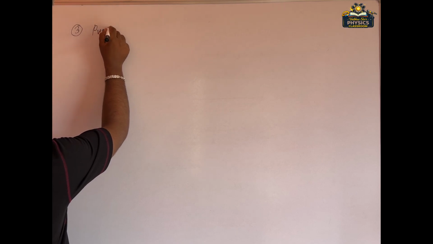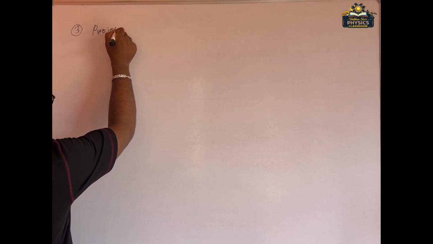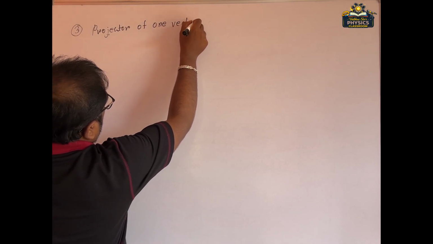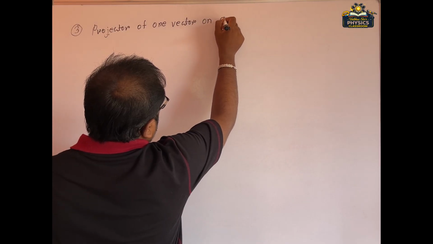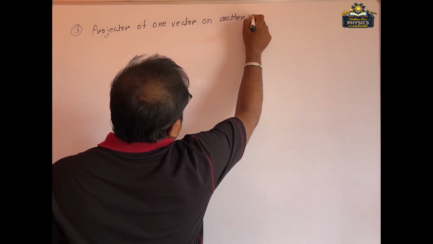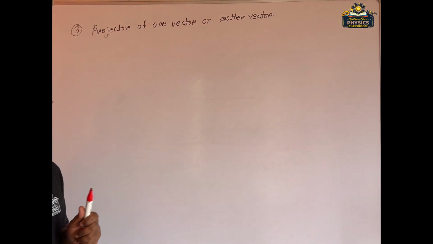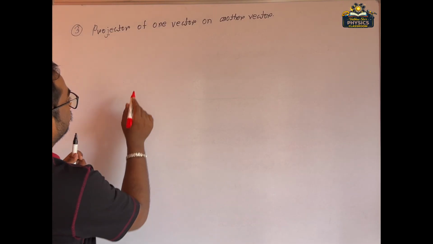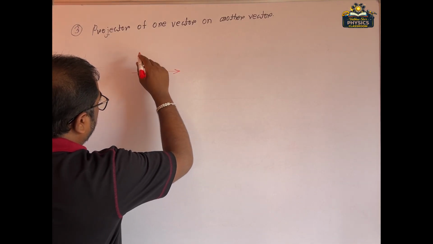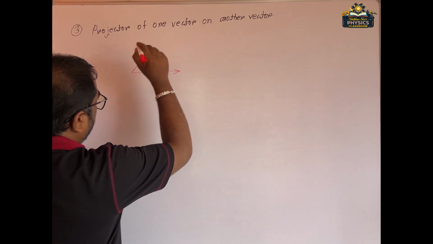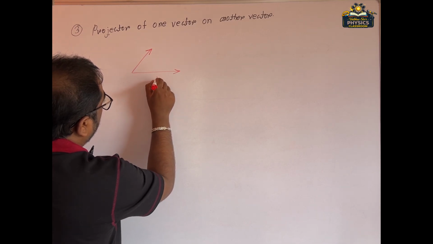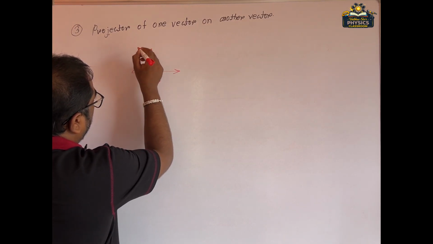The third topic is projection of one vector on another vector. How can we project? The simple thing, I am taking two vectors. Just like that, this is the vector b and this is the vector a.